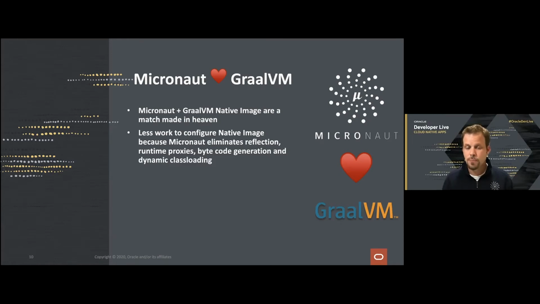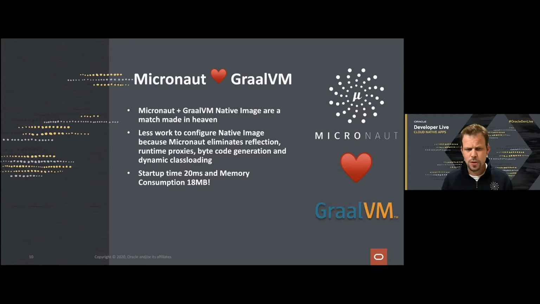Now, if you consider that Micronaut eliminates all instances of reflection, runtime bytecode generation, and dynamic class loading, you can see that using Micronaut and GraalVM means that GraalVM native image has a lot less work to do because there's nothing to configure. Micronaut applications are already ready to be computed into native images, which is a big win.